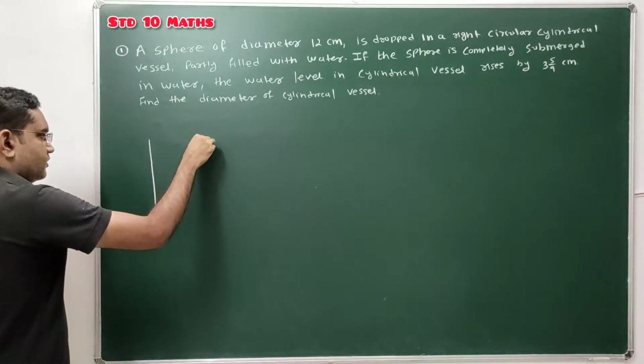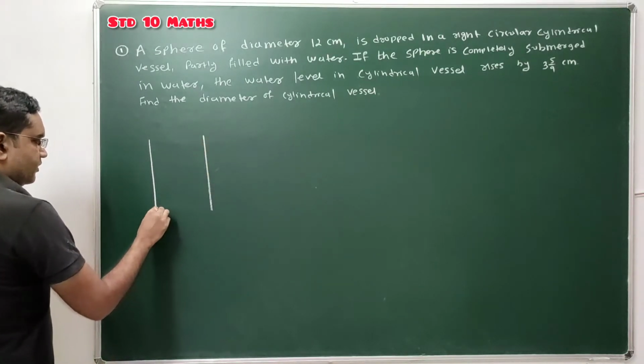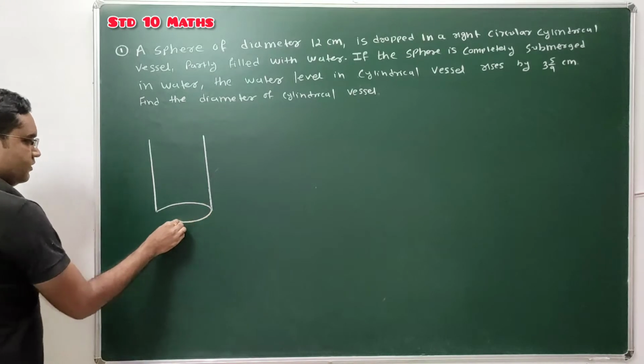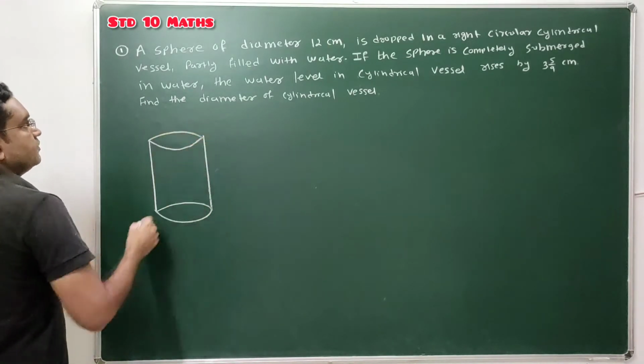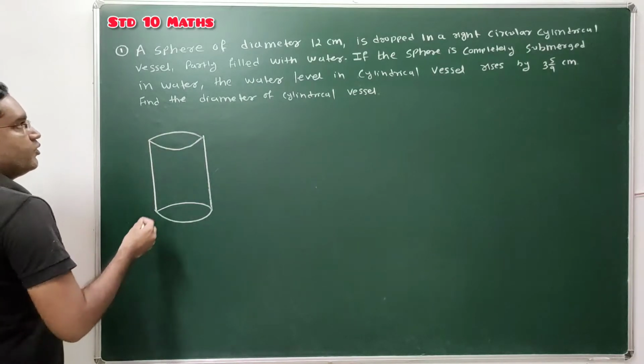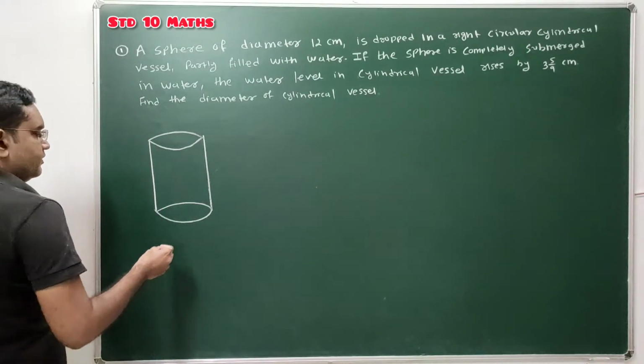So consider this is a cylindrical vessel, partially filled up with the water, and we have to drop a sphere of diameter 12 cm in the cylinder.